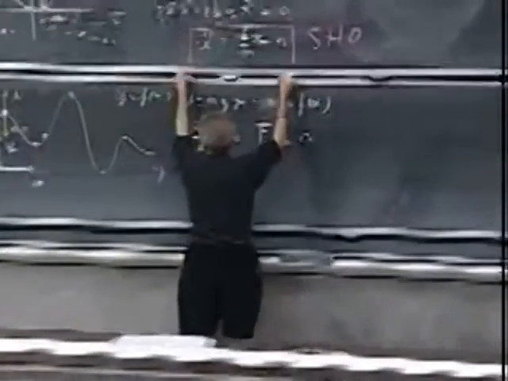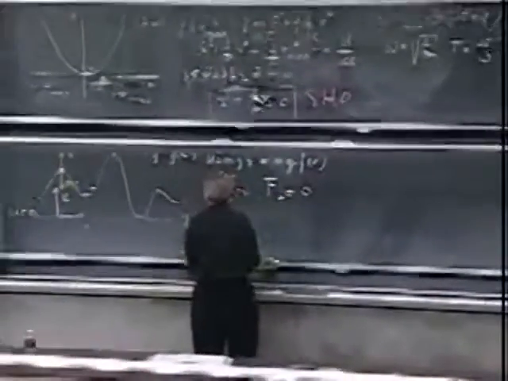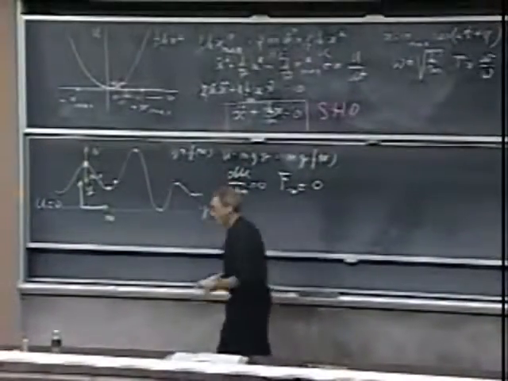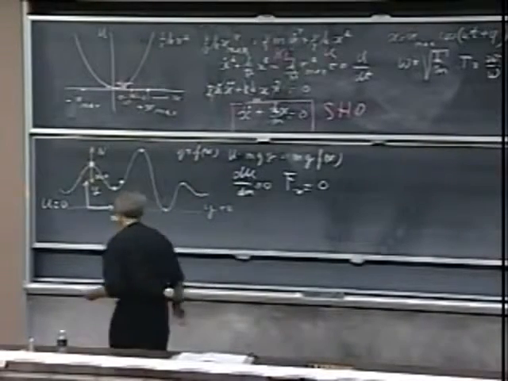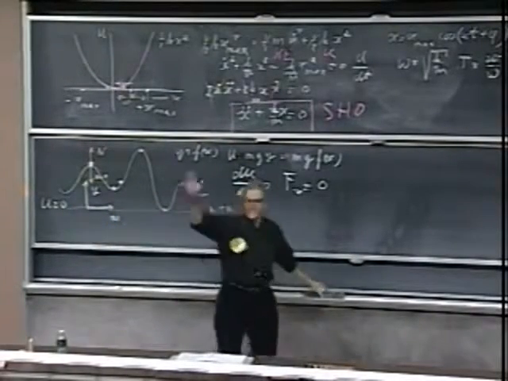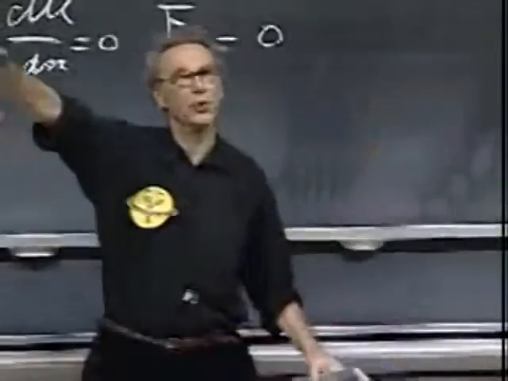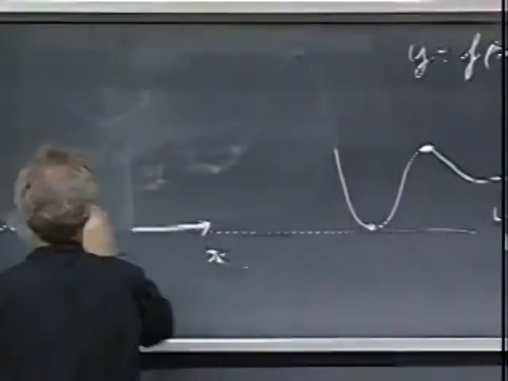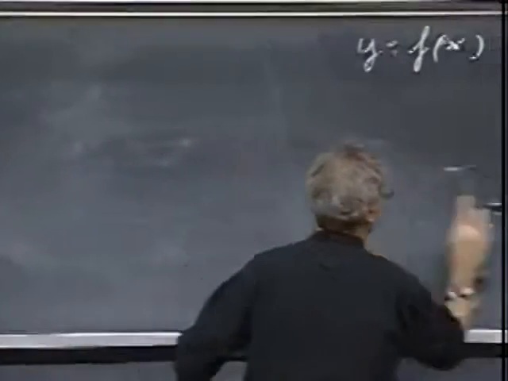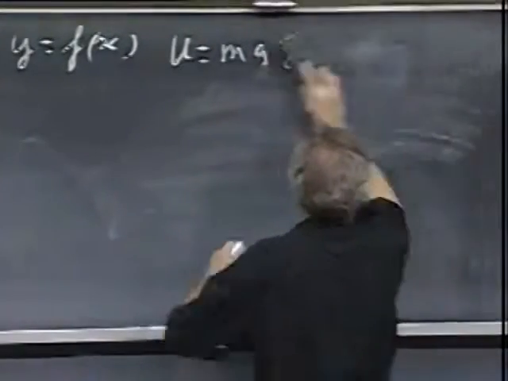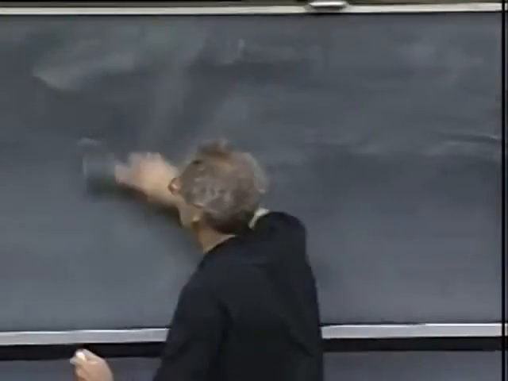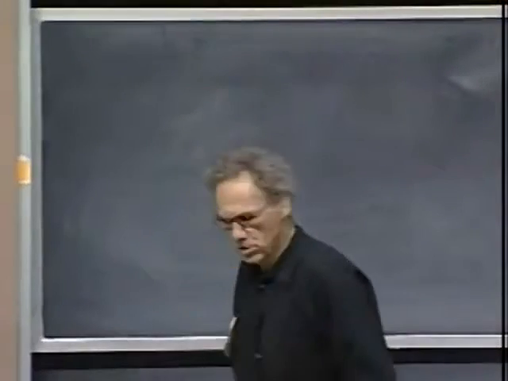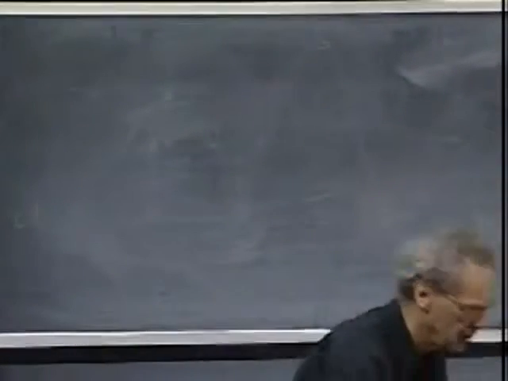Now I'm going to try something similar with another potential well, and that potential well is a track, and the track is a perfect circle. I'm going to slide down that track an object of mass m, and I'm going to evaluate the oscillation along a perfect circular track.